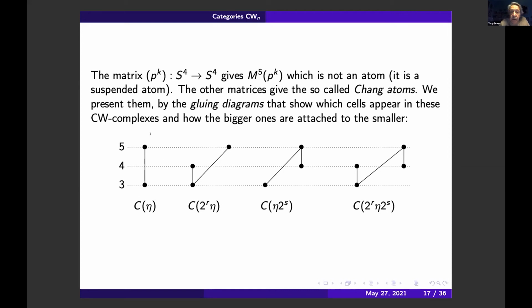For instance, here we have a 5-dimensional cell and a 3-dimensional sphere, and it is attached by using the Hopf map, eta, from the 4-dimensional sphere to the 3-dimensional sphere. Here we have a Moore space, and we attach a 5-dimensional cell to the 3-dimensional one using, again, a Moore space, and so on. So we have these things.